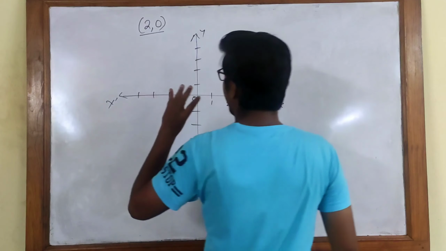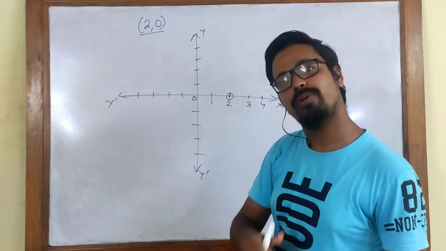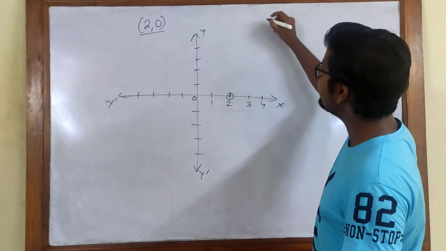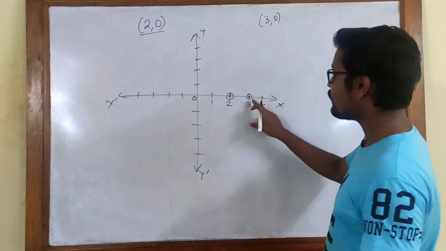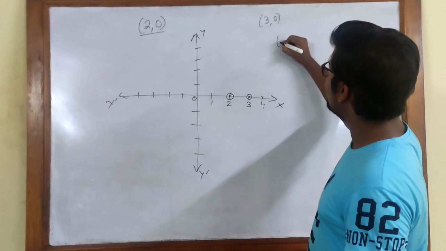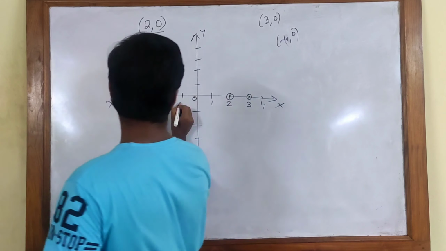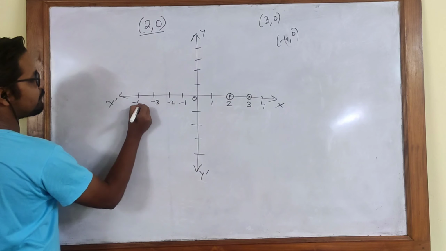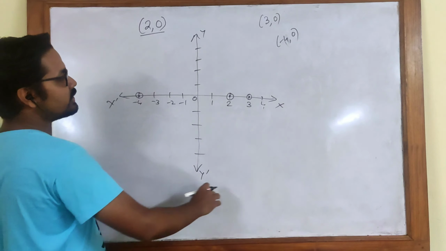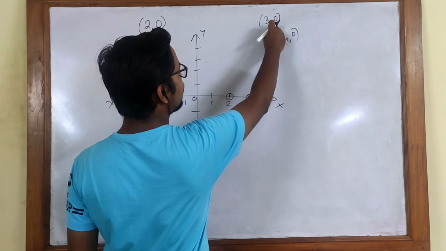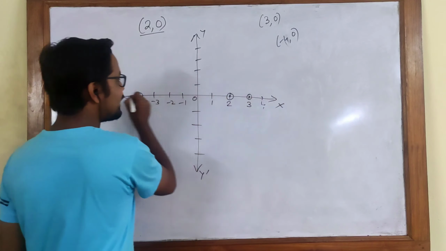So (2, 0) will be this point. Now any point which has the coordinate of y as 0 will always lie on the x-axis. If I take another point as (3, 0), it will be plotted here. If I take the point (-4, 0), it will be plotted as -1, -2, -3, -4, so it will be plotted here. That means any point having only the x coordinate, with the y coordinate 0, will always lie on the x-axis.